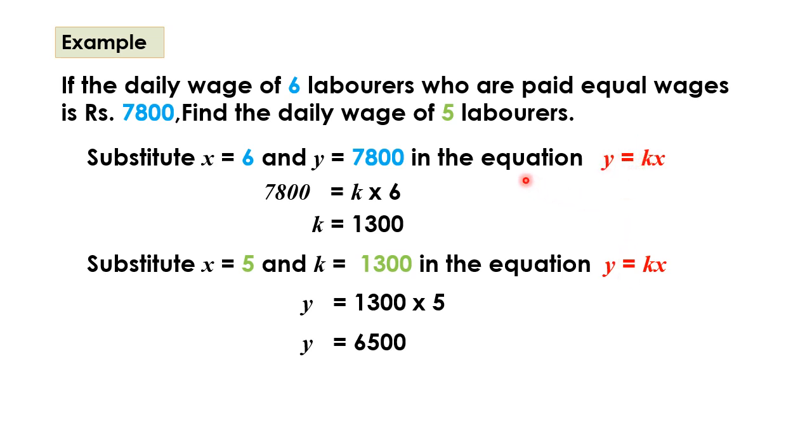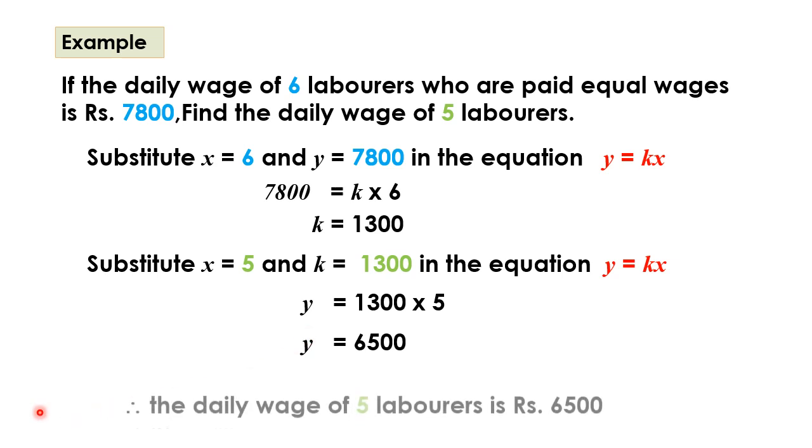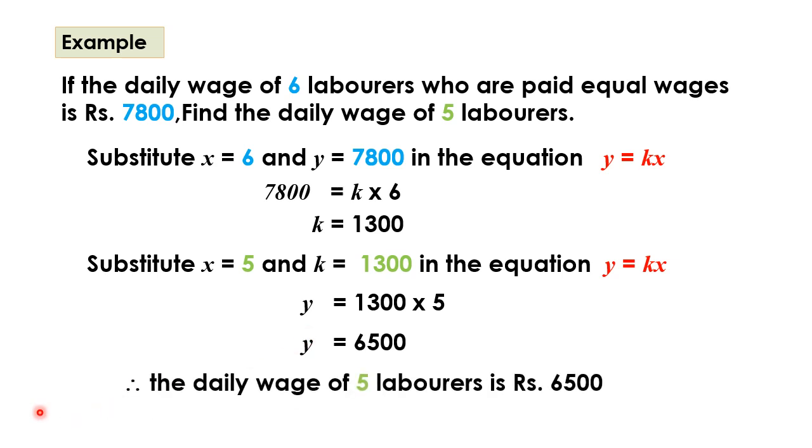First time, using the first set of data, we can find the value of the constant. Second time, using the value of the constant and the second data, we can find the corresponding y value using the equation y equal kx. Therefore, the daily wage of 5 laborers is rupees 6,500.